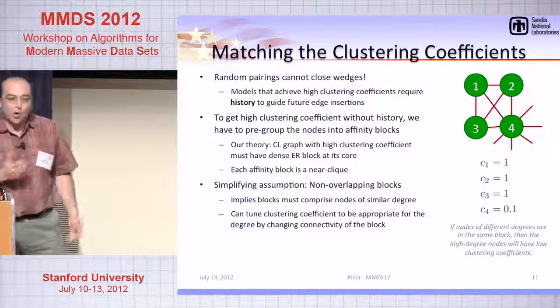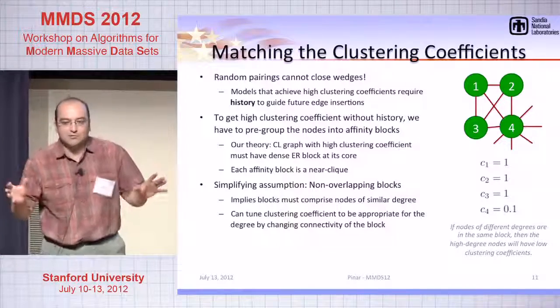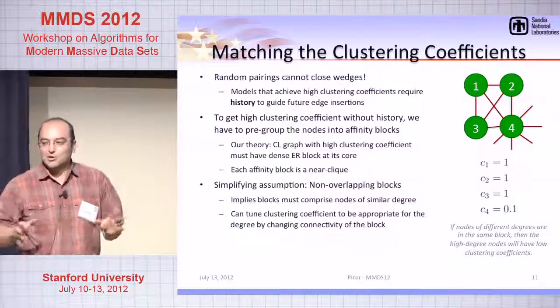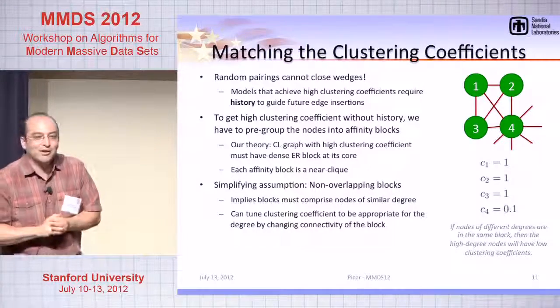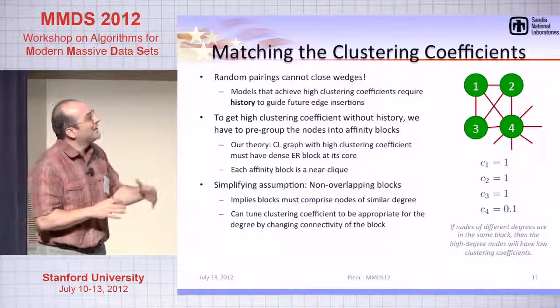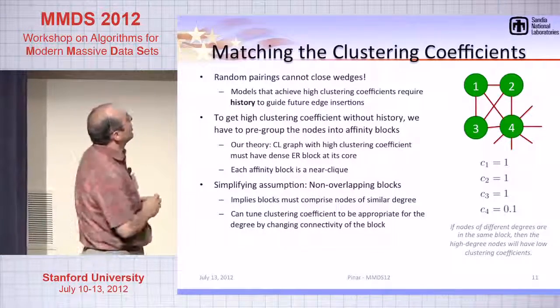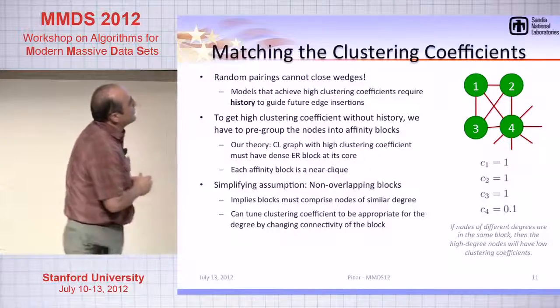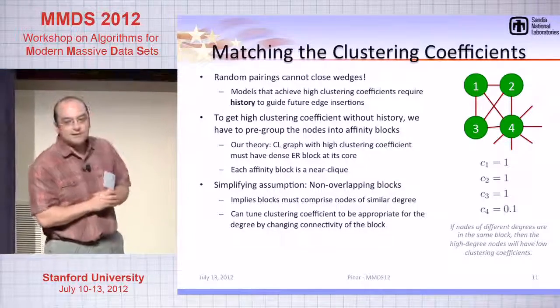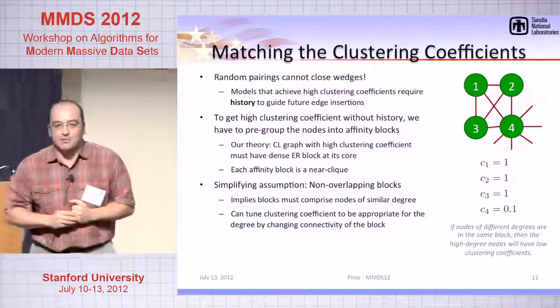We call these things affinity blocks because we ran out of words, and believe it or not, all the other terms we could think of have pre-assigned meanings, and it's easy to get confused. So we made a simplifying assumption that we'll have non-overlapping blocks.